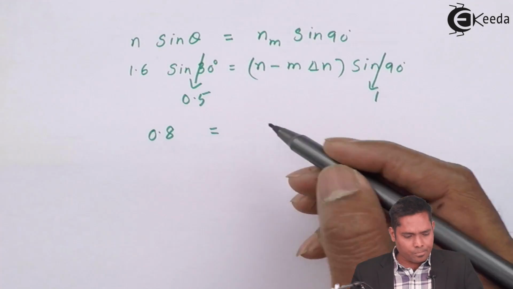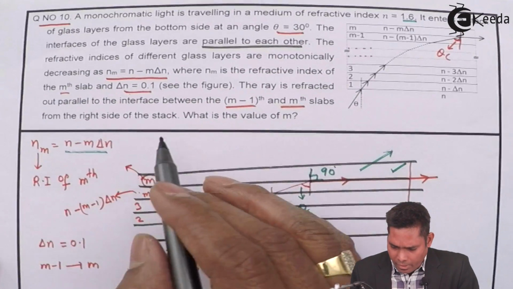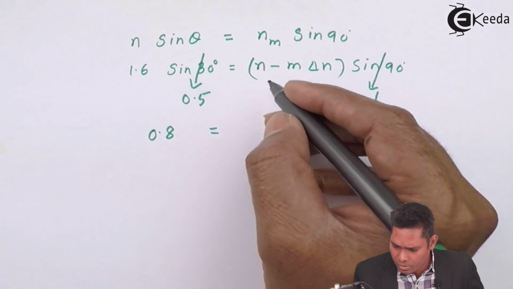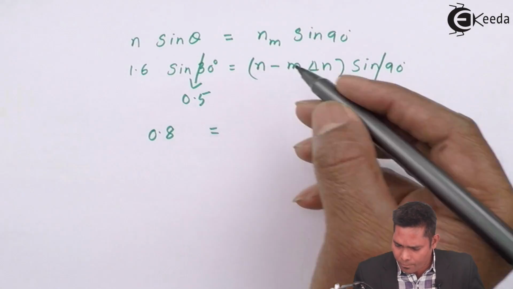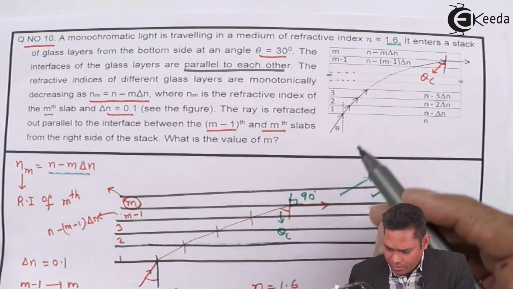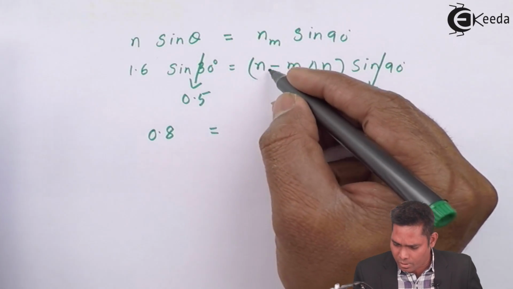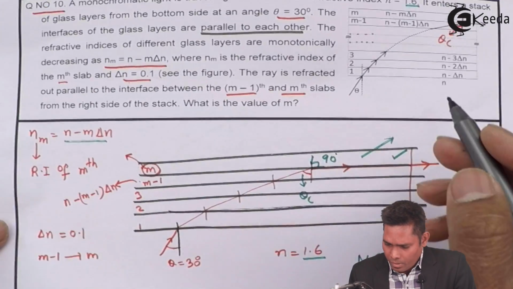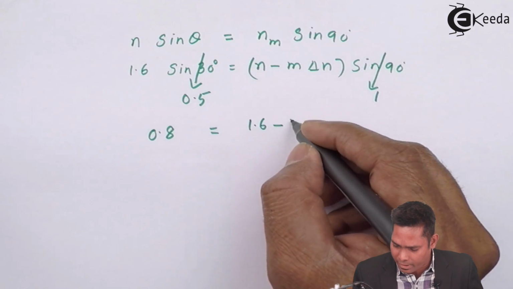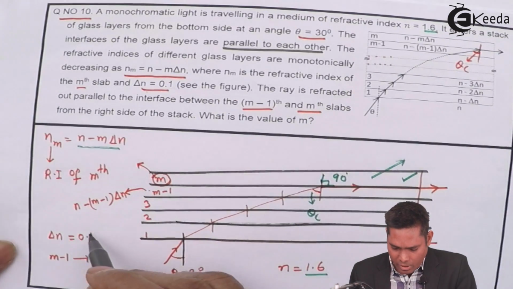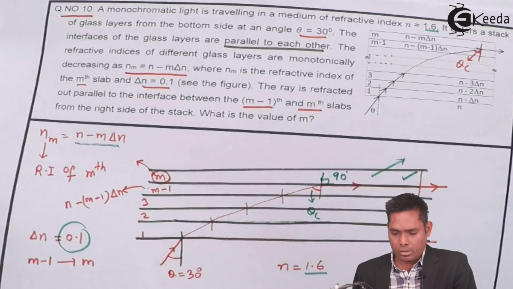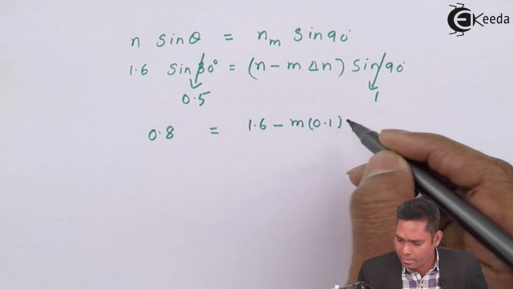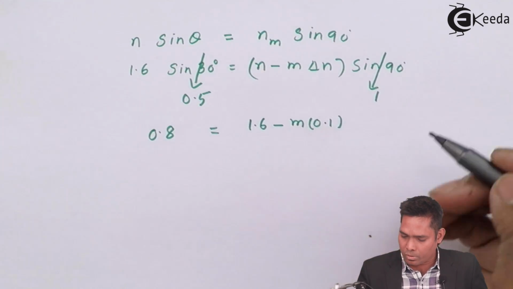N is the refractive index of the first one. This is basically eta 1, which is 1.6, minus m delta n, that we are going to find, and delta n stands for 0.1. So I'll substitute 0.1 here, and this number is 1, so nothing to multiply.